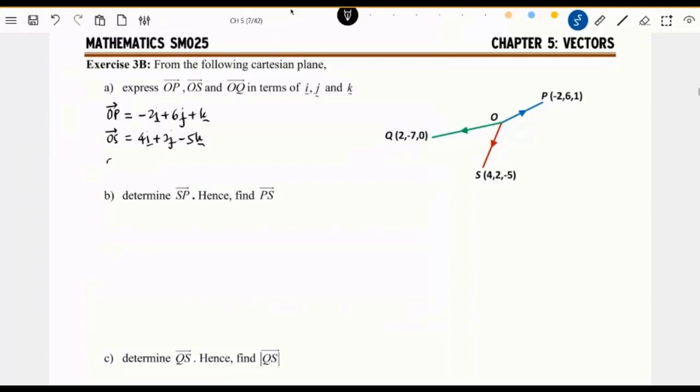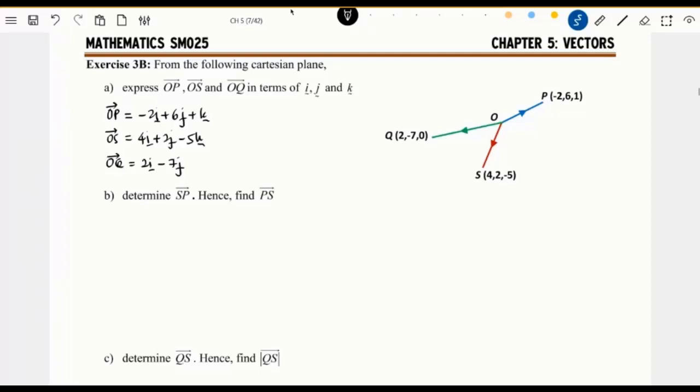Okay. Last one. OQ. Yang lain? OQ. 2i minus 7j. That's it? Yes. Okay. Alright, so we have OP, OS, OQ in term of i, j and k.